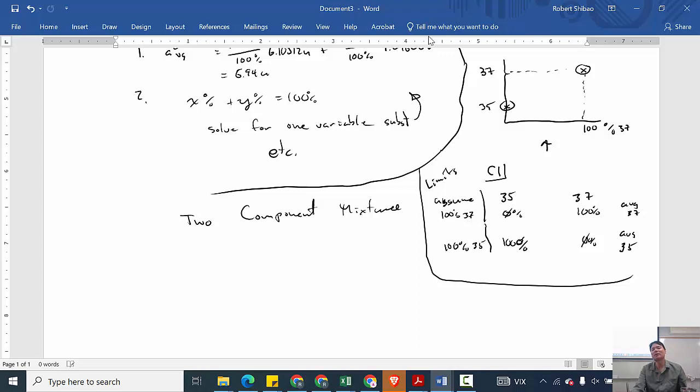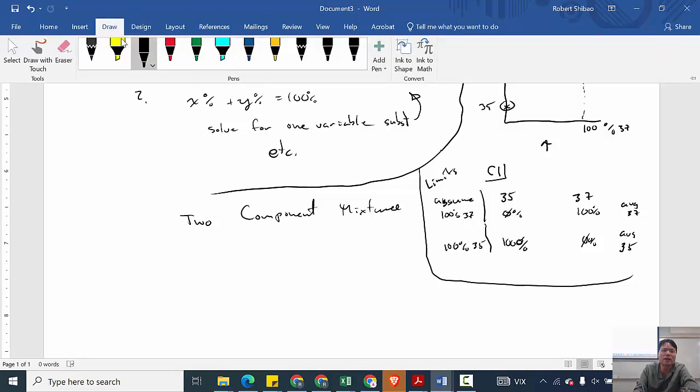So I have 2 lines. Now this relationship should be linear. As the 37 decreases, the 35 increases, and as the 35 increases, the 37 decreases. So it's a linear seesaw relationship. We call the linear seesaw relationship a straight line relationship.